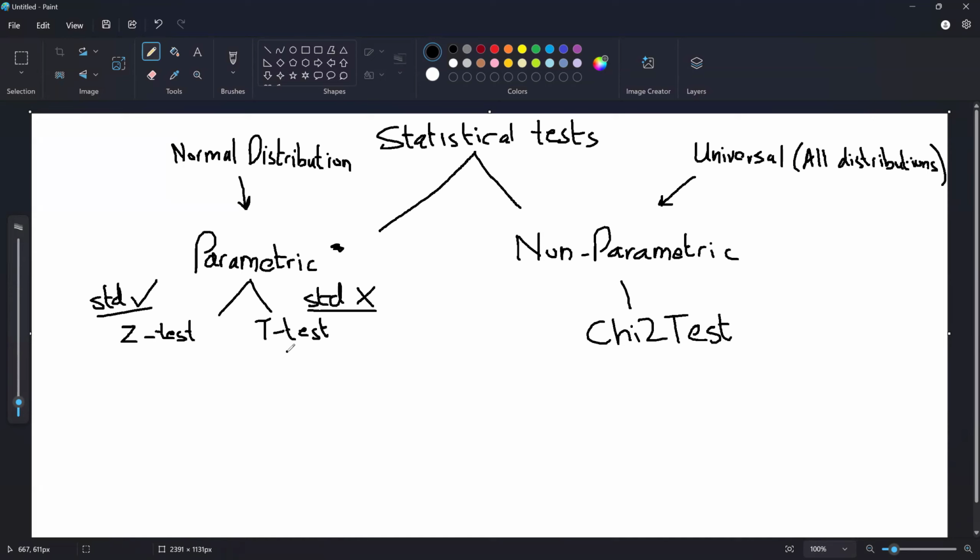Okay, so the z-test and the t-test. What formulas? So right now we are going to deal with the z-test and the t-test, the parametric tests. Now parametric tests have the functions z-test. You have a very simple function called z-test. T-test has a very simple function called t-test in MATLAB.